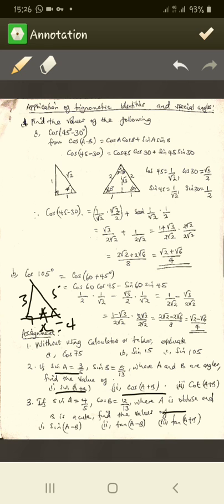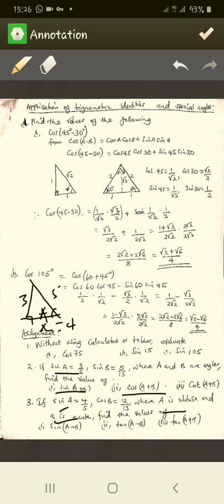B is acute, and A is obtuse, meaning A is in the second quadrant, then B is acute, it is in the first quadrant.